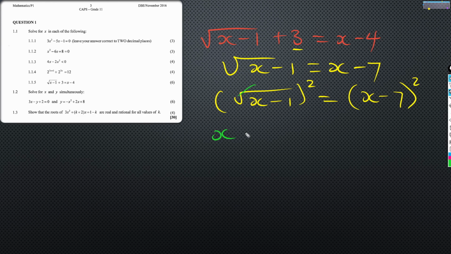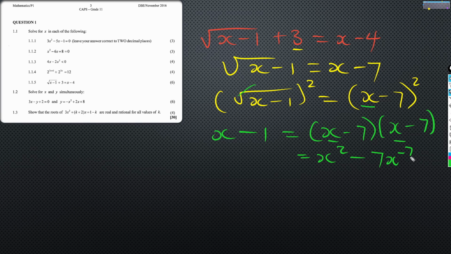So this will be x minus 1, which is equals to, so x, let me just expand it. So x times x will give us x squared, and then x and 7, negative 7x, and then negative 7x. Then this will be positive 49, if I'm not mistaken.